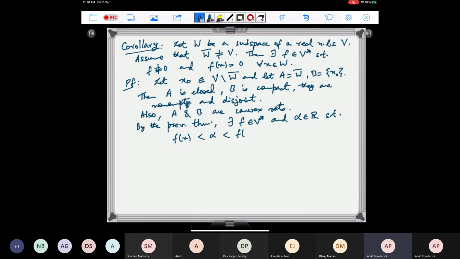Here f(y) is simply f(x naught). So f(x) is less than alpha, which is less than f(x naught), for all x in A, which is W closure. So for every x in W closure we have f(x) less than alpha, and this is less than f(x naught). There is only one point in B.